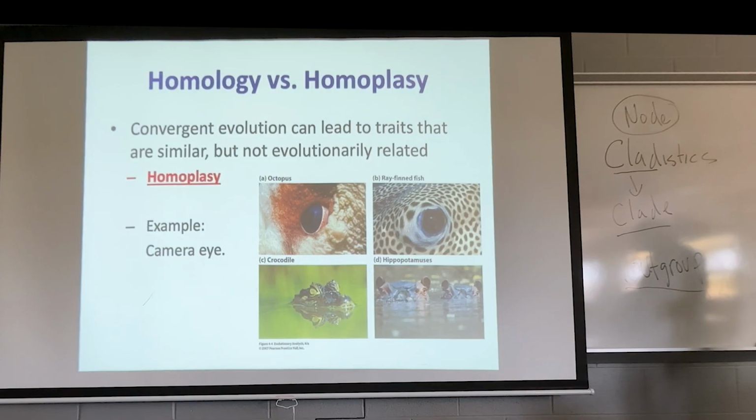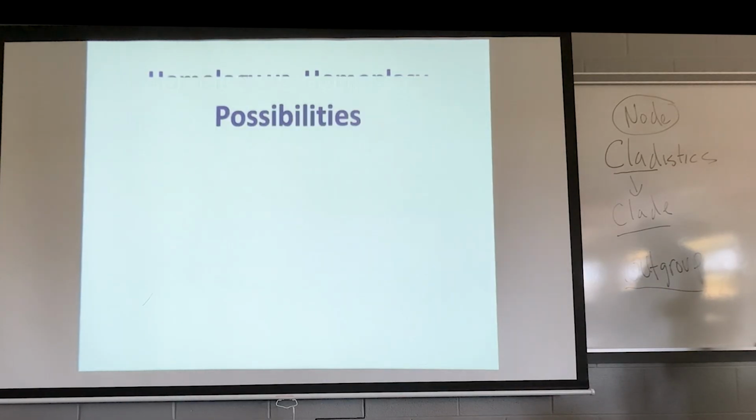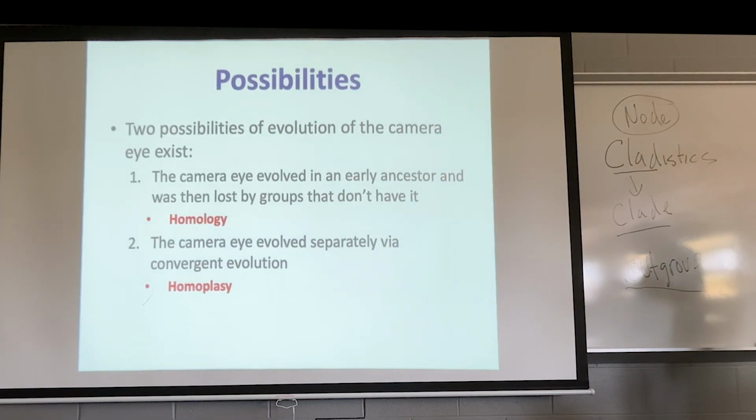So if we build two trees, two hypotheses, right? Homoplasy versus homology, here are your two possibilities. If the camera eye is homologous, that means that the earliest ancestor, you got to trace it all the way back past octopi, all of those animals have camera eyes, which if you look at them, they don't, right?